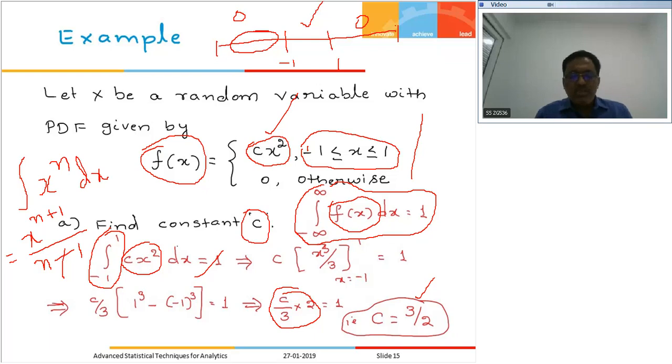C is a constant which we take out, and the integral of x square is x cubed by 3, which equals 1. Now we simplify the LHS, substituting upper limit 1 minus lower limit minus 1. So c by 3 into upper limit minus lower limit, which is 1 plus 1, equals 2. C by 3 into 2 is 1, so c is 3 by 2. This is how we calculate the c value.